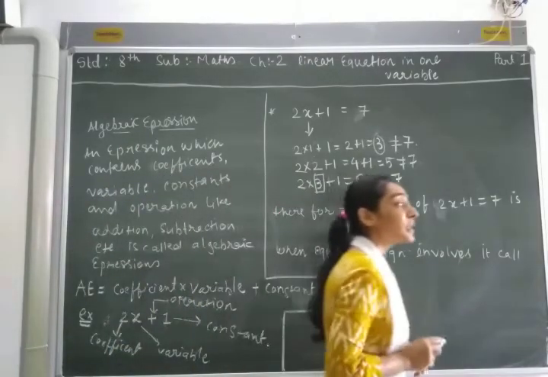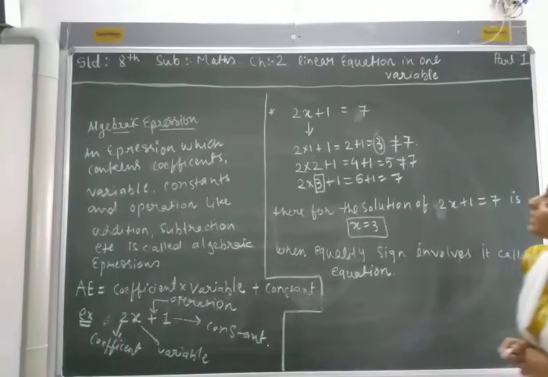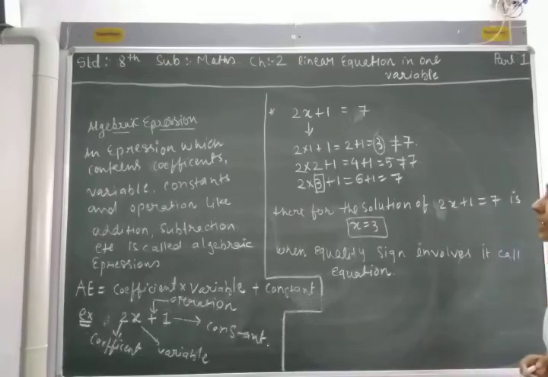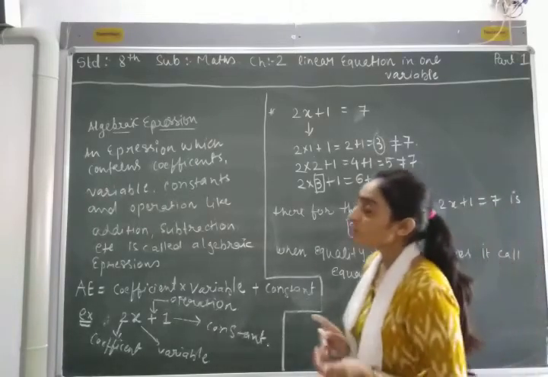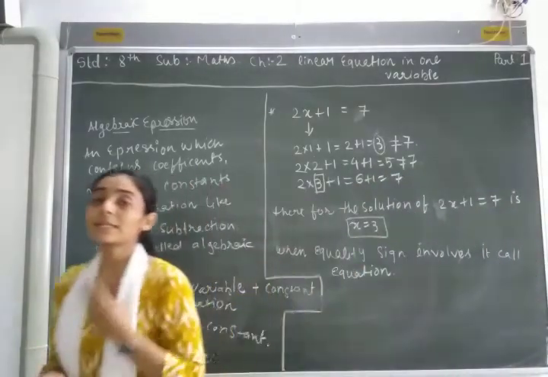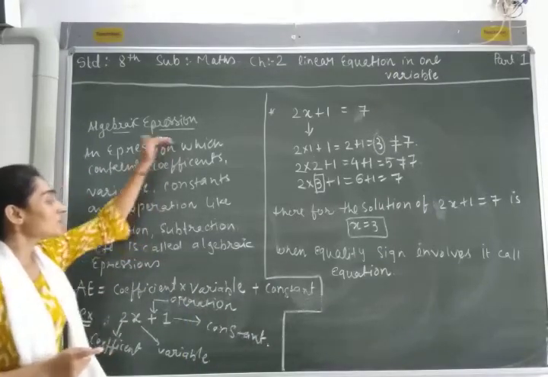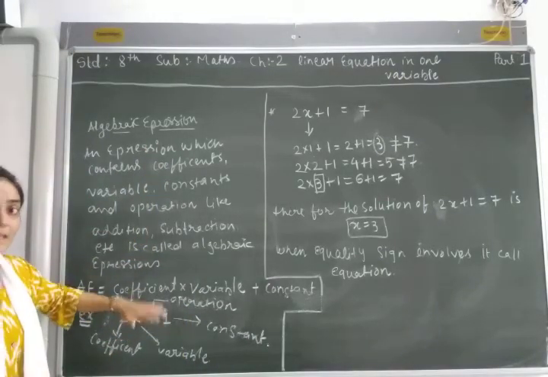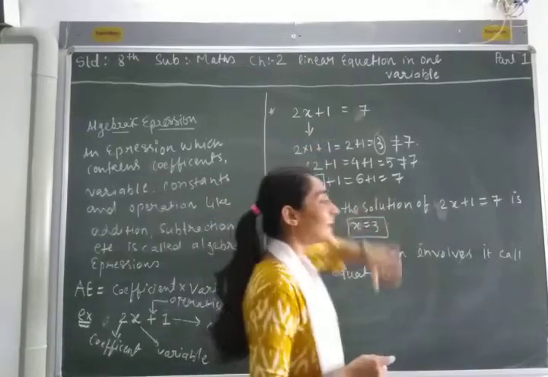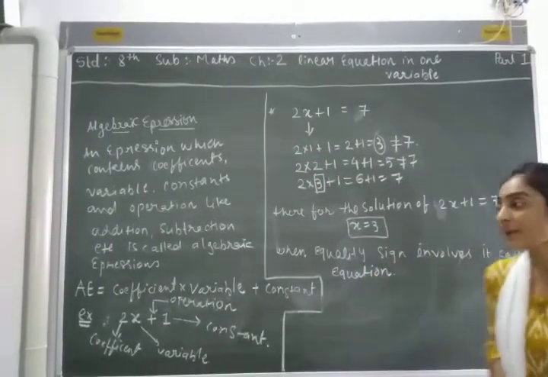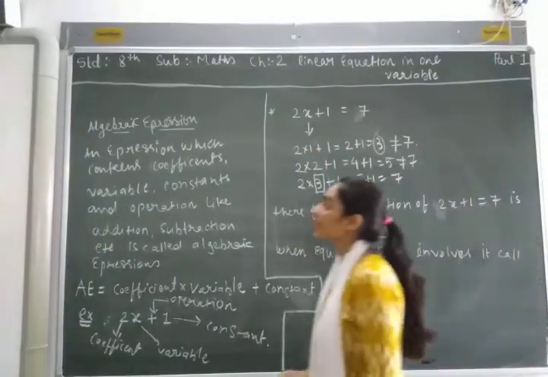Now, let's talk about linear equation in one variable. Now you understand what an expression is and what an equation is. An expression does not contain an equality sign. When I involve this equality sign, it represents an equation.